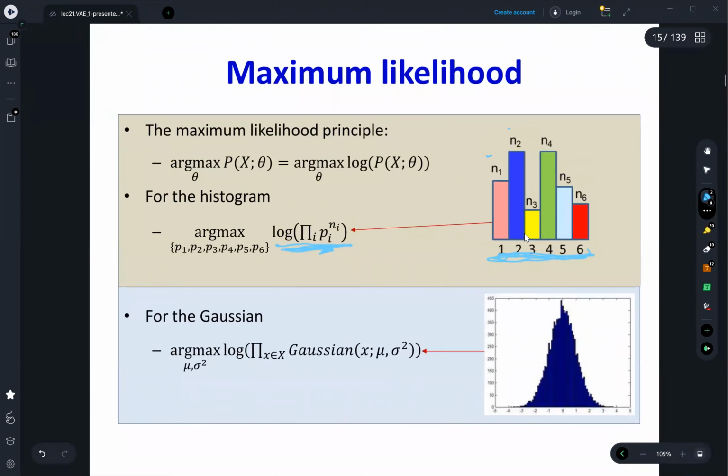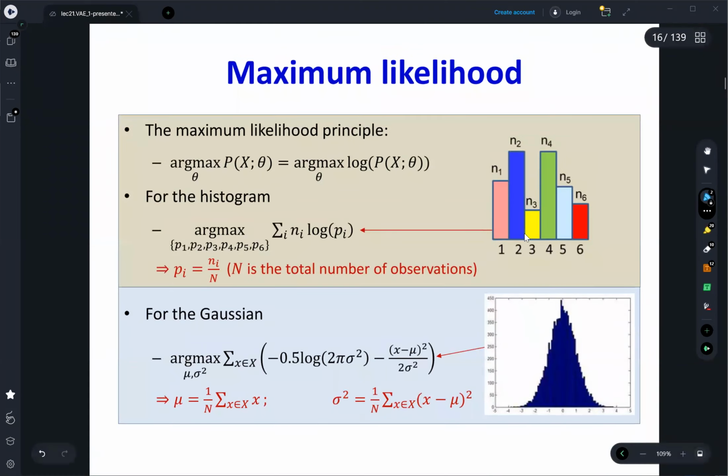So for the Gaussian, the parameters are the mean and the variance, and you'd be choosing the mean and the variance that maximize the log of the product over all observations of the Gaussian computed at that observation, where the Gaussian has mean mu and variance sigma squared.